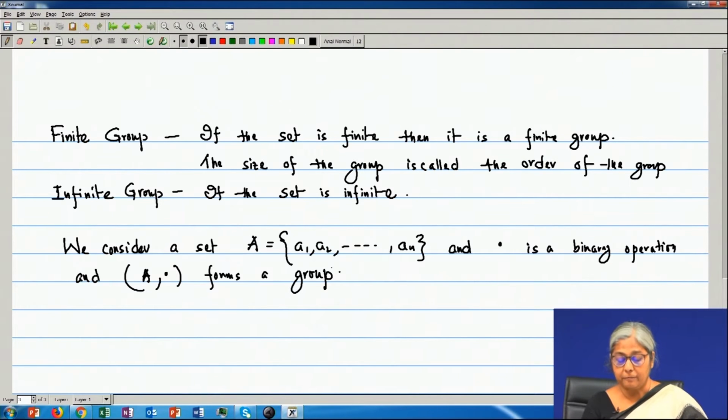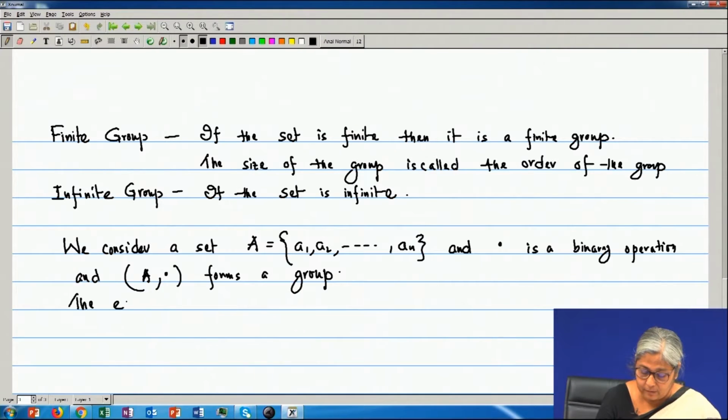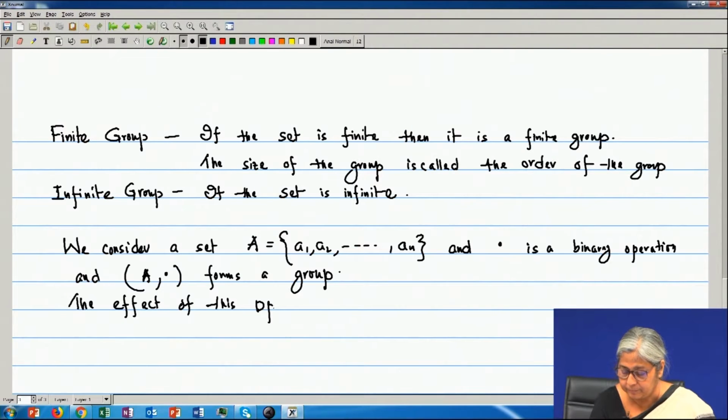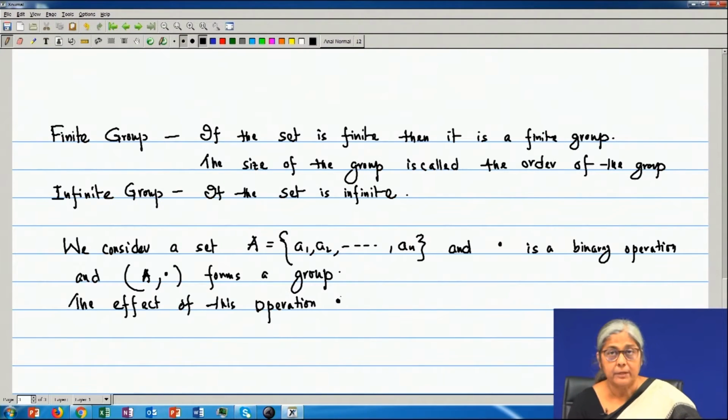Now, the effect of this operation dot on the n number of elements of A, we can represent by a matrix.